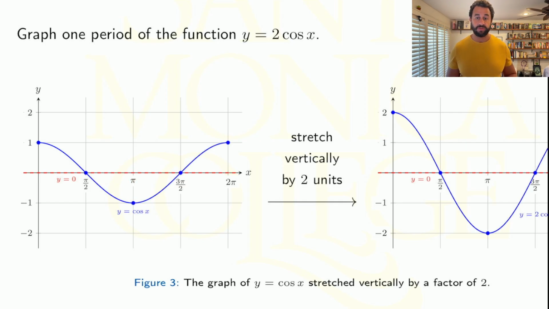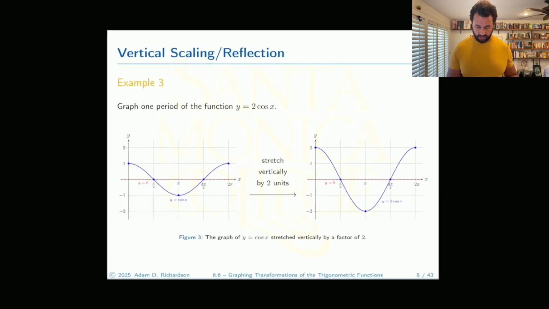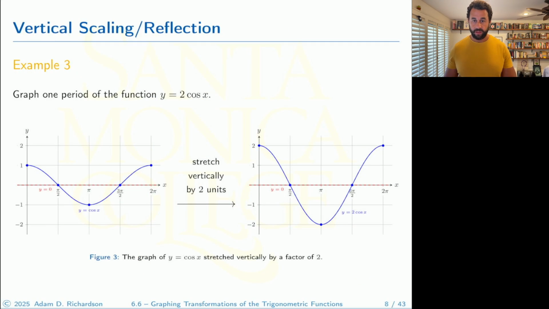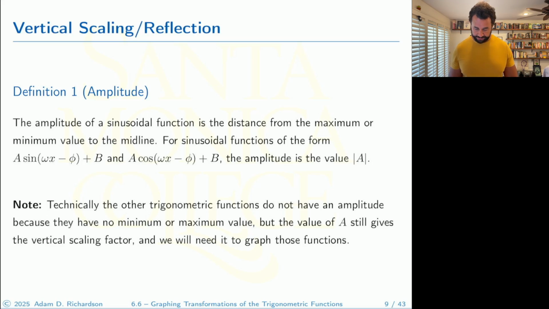That is what we call the amplitude of the sinusoidal function. So if our sinusoidal functions are written in this general form, then the amplitude is the absolute value of A. It's the distance from the midline to the peak or the trough.